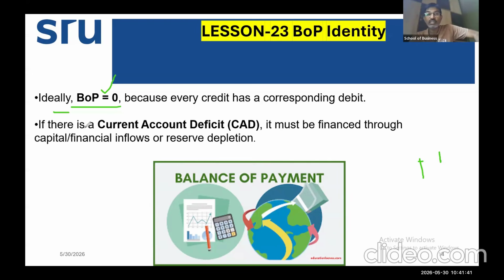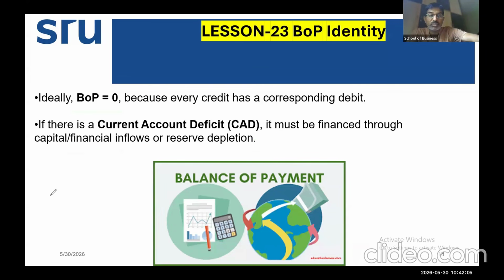So a current account deficit must be financed through capital and financial inflows or reserve depletion. So here the balance of payments should always be zero, and if it is zero, then your balance of payments is under control. So this is the balance of payments.